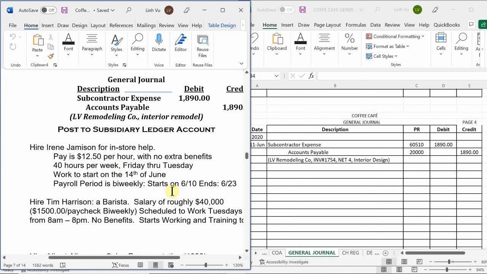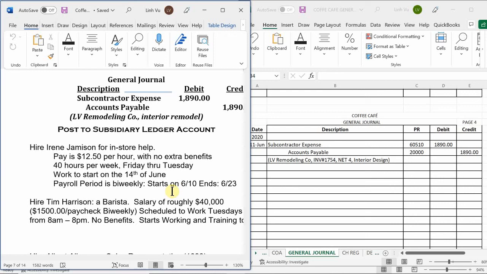She's scheduled to do 40 hours per week from Friday through Tuesday, so that means she gets to take Wednesday and Thursday off. And then she's to start her job on the 14th of June. So right now we're only on the 11th, right? So she's not going to start working and start training until the 14th of June. And the payroll period is weekly and it will start on June 10. So in this case, we already started the payroll period and it ends on the 23rd of June. We're going to start recording her hours starting on the 14th, but our payroll period already began.